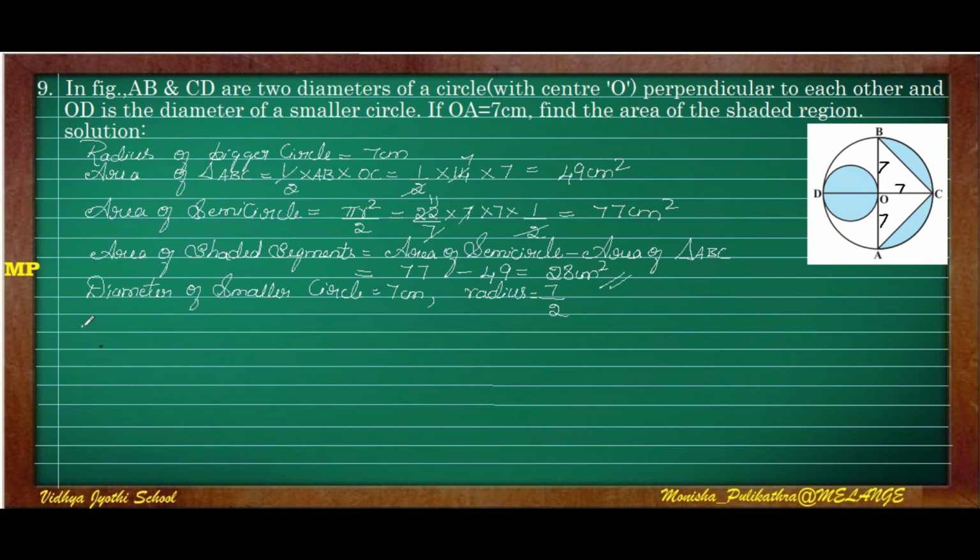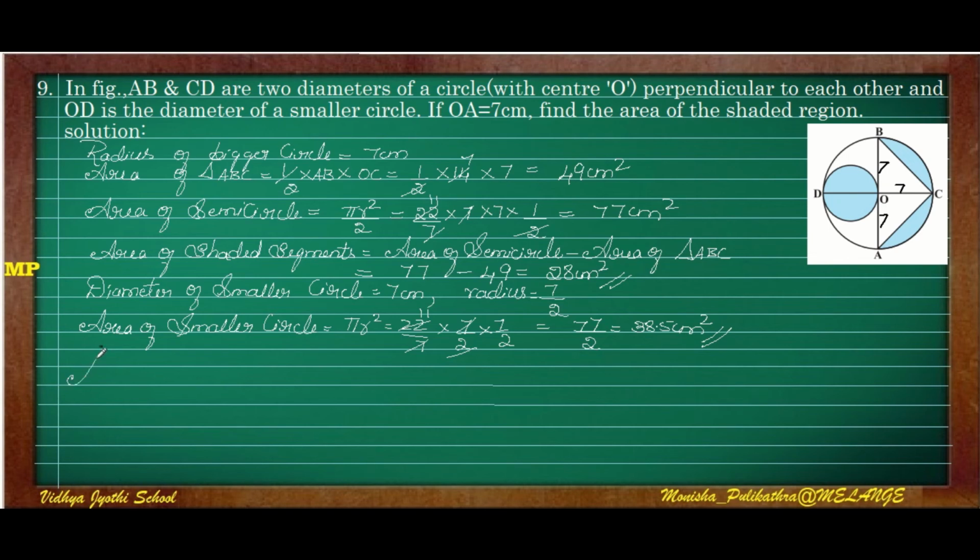So we have to find out the area of this smaller circle. Area of smaller circle is equal to pi r square, that is 22 by 7 into 7 by 2 into 7 by 2. 7 cancels and 2 elevens are 22, we will get 77 by 2, which is equal to 38.5 centimeter square.